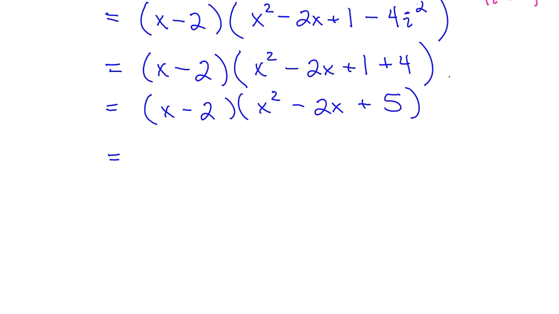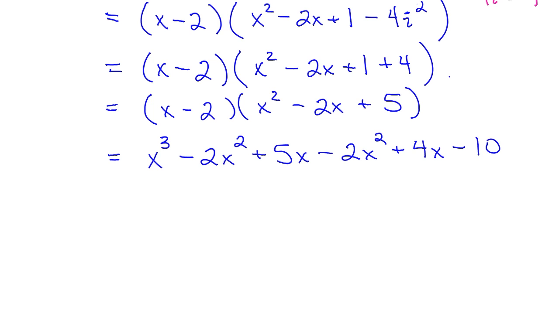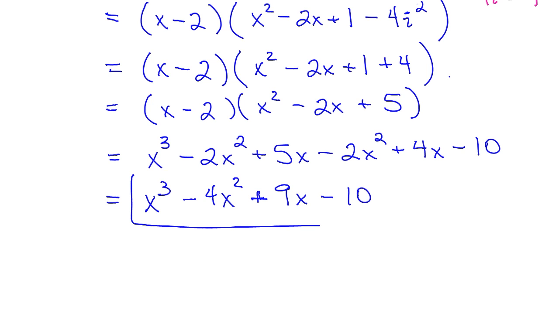And then we distribute, and we get x cubed minus 2x squared plus 5x minus 2x squared plus 4x minus 10. Combining like terms, we get x cubed minus 4x squared plus 9x minus 10. And there's our cubic polynomial.